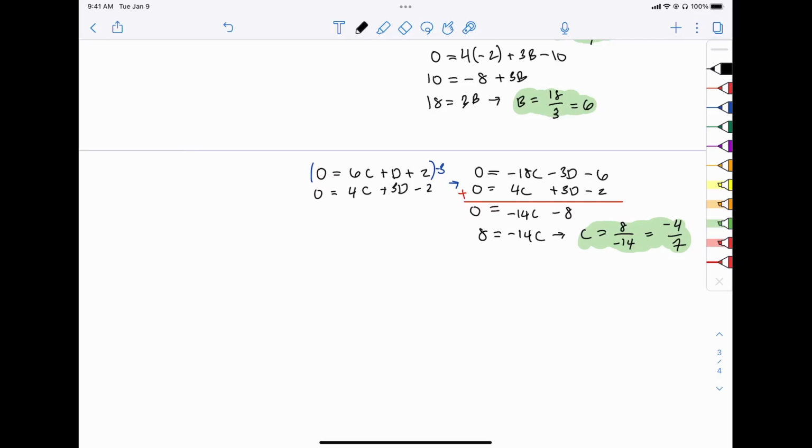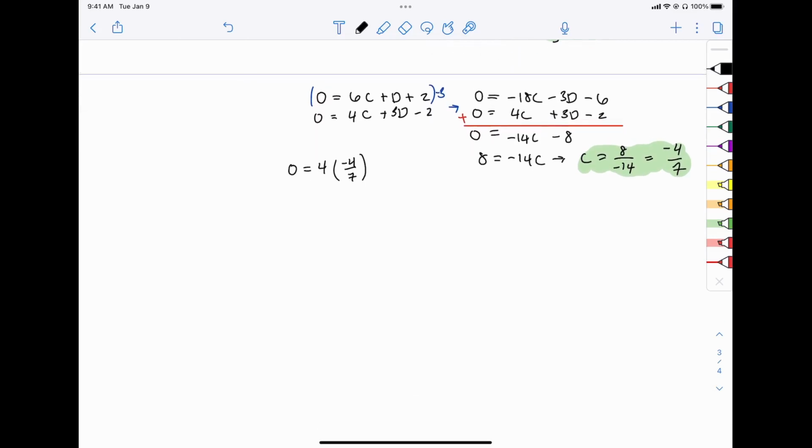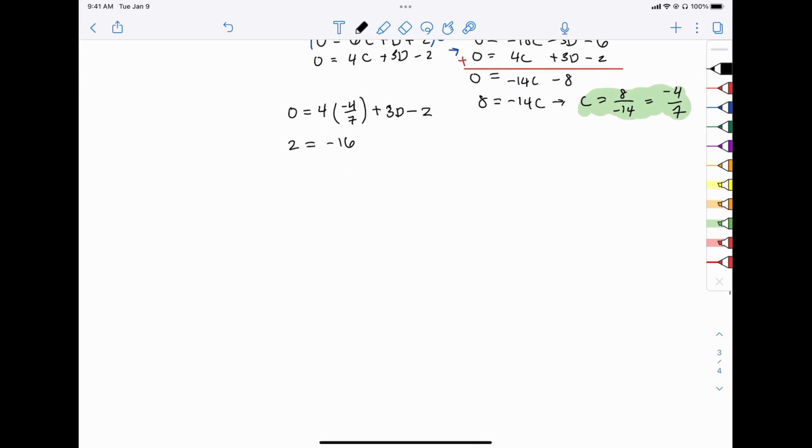We'll get that 0 equals 4 times c, but c was negative 4 divided by 7, plus 3d minus 2. I'm just going to do 2 equals negative 16 all divided by 7 plus 3d.